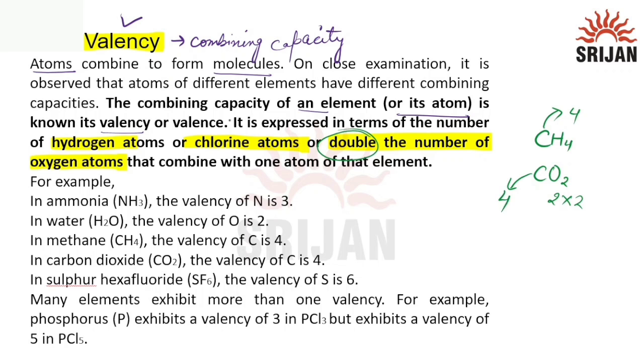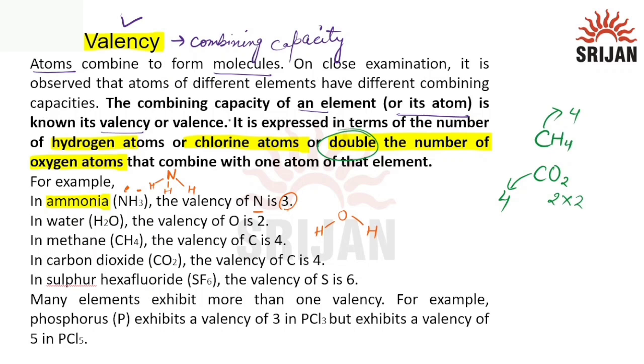Now, see some examples. In ammonia, NH3, nitrogen is bonded with 3 hydrogens. This is the structure. So, the valency of nitrogen is 3. In H2O, the valency of oxygen is 2 because it is bonded with 2 hydrogens.